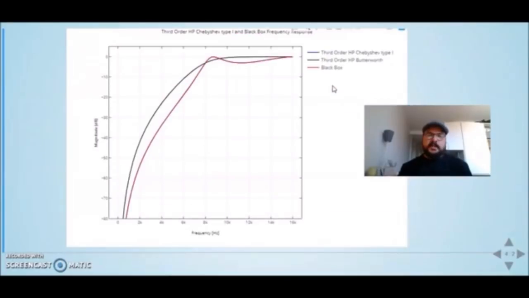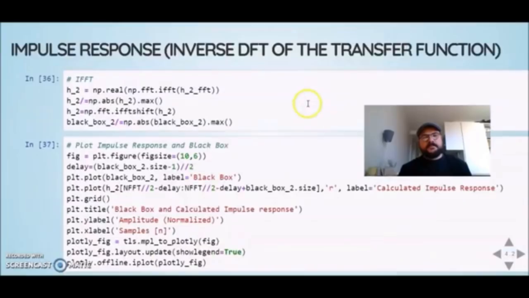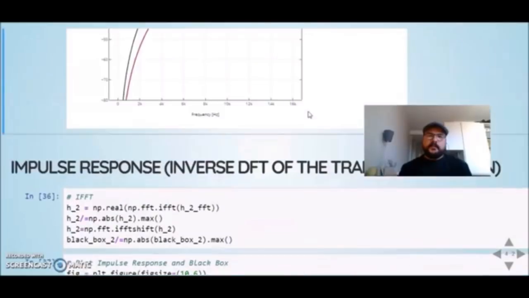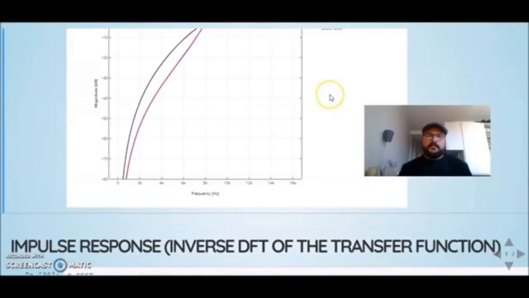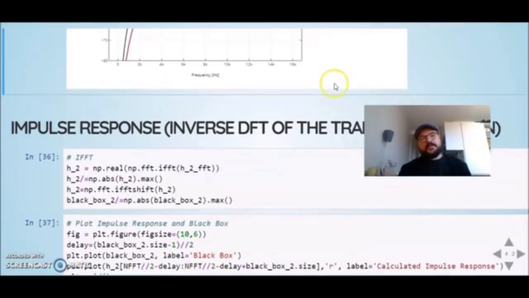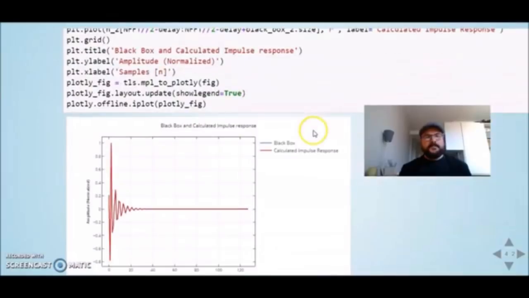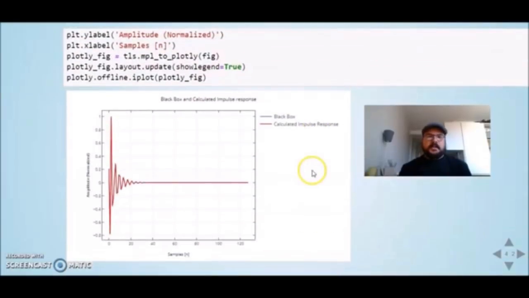If we take the inverse Fourier transform of our black box, we will have the impulse response of the filter, and again I expect it to be a truncated version of the impulse response of a Chebyshev filter. I also constructed this black box this way, so when we plot the impulse response and the black box, we see that they match.